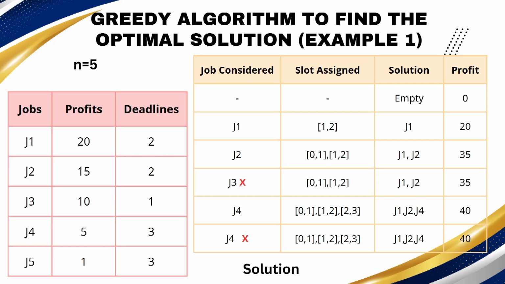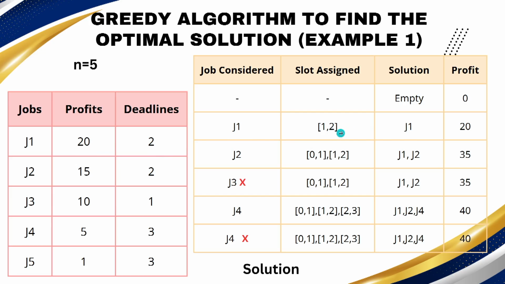We have assumed that every job takes up unit time. So, till the deadline of 2, we have 2 slots, one between 0 and 1 and another between 1 and 2. Since job 1 has to be completed before 2 o'clock, I am using the slot 1 to 2.